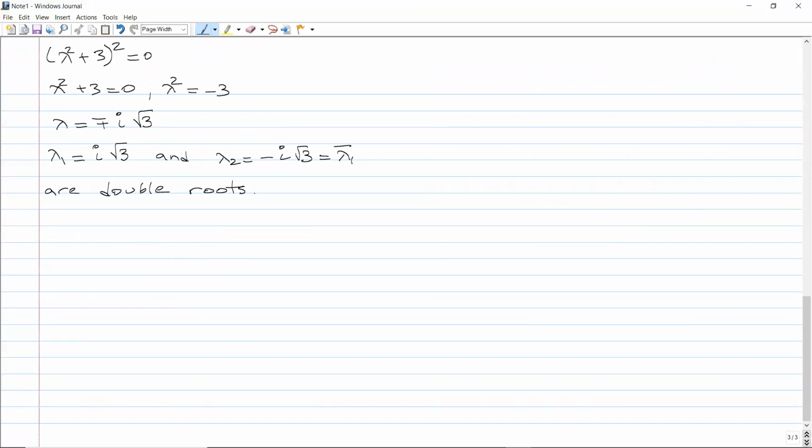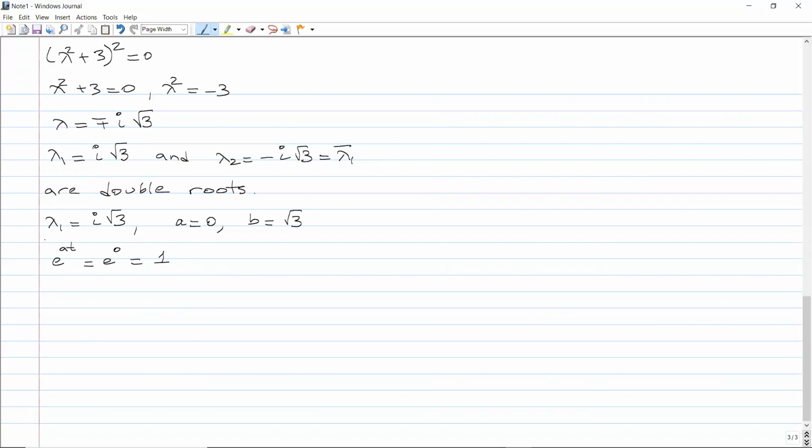So when we have a complex root, remember, we don't need to consider the conjugate. We get all the information we need from one complex root. So I take lambda 1, i times root 3. So the number a is 0, and the number b is square root of 3. So e to the at is going to be e to the 0, which is 1.